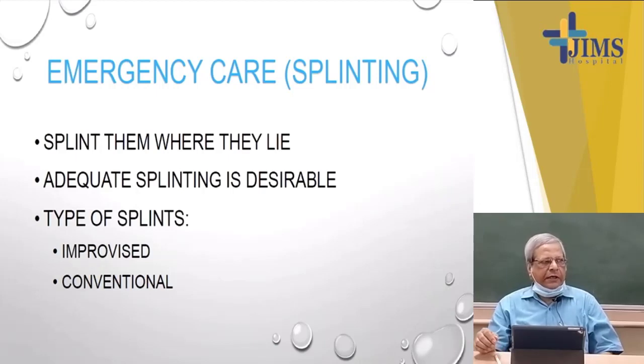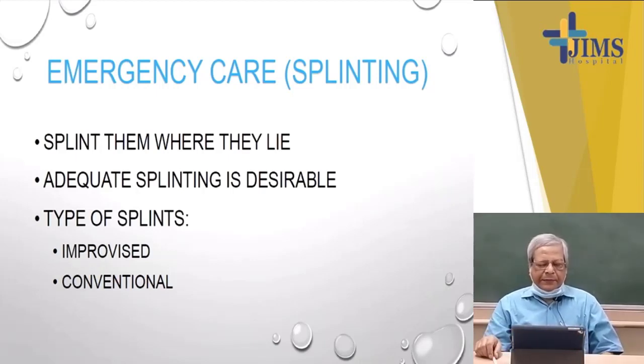One should not try to reduce the fracture. Adequate splinting is desirable. We always go for one joint above and one joint below. That is, if it is a fracture of both bones of the forearm, we should immobilize the wrist and the elbow.